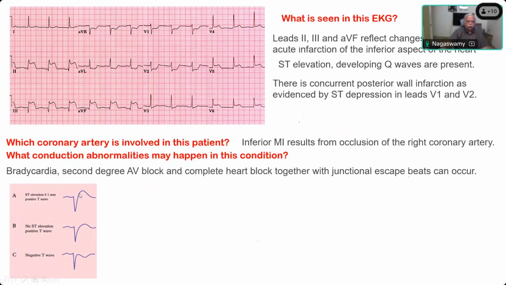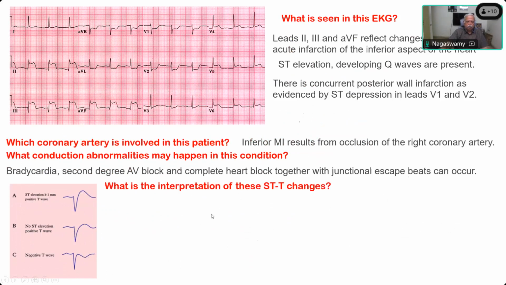Now I'm showing you some chest lead changes. ST elevation more than 1 mm with a positive T wave; no ST elevation with a positive T wave; and a negative T wave. See, this is a negative T wave. So there are three types of presentation of chest leads.